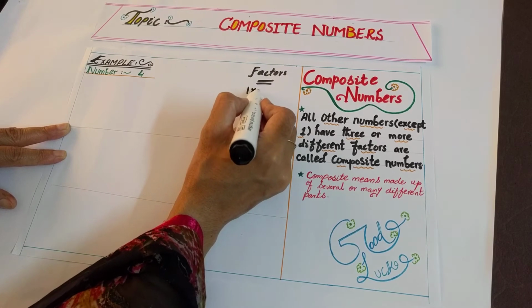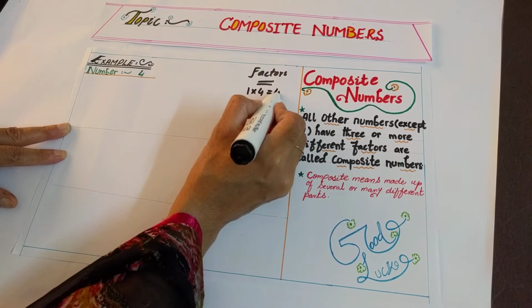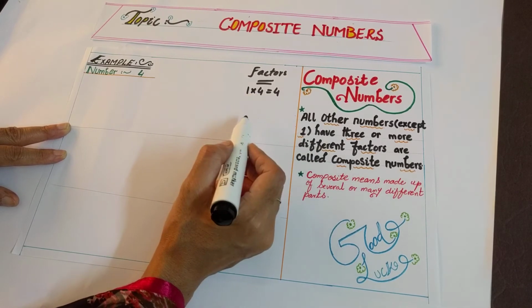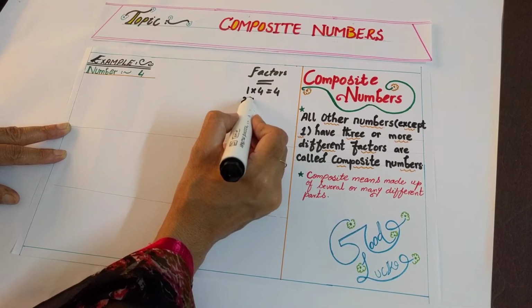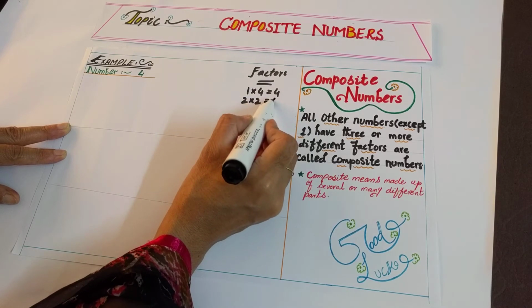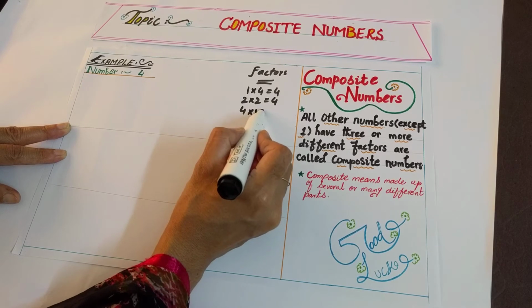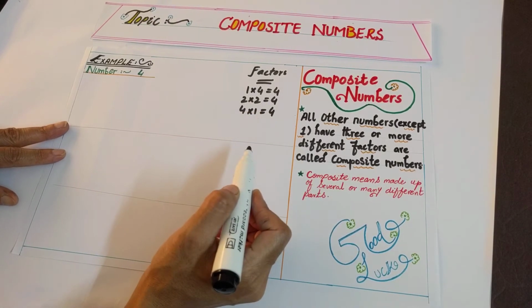Like 1 4s are 4. 4 is in the table of 4. 2 2s are 4. And 4 1s are 4.